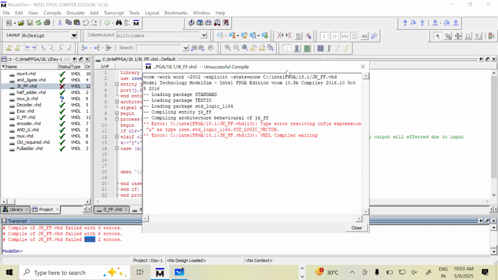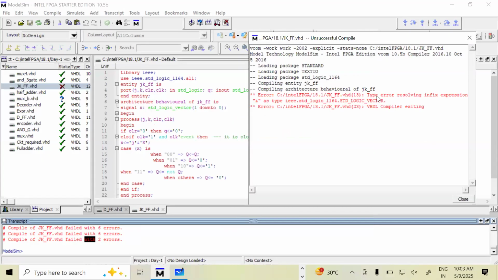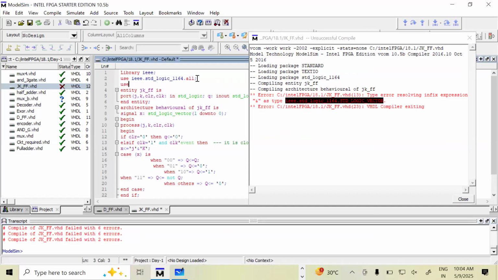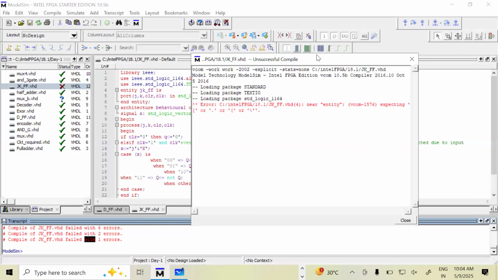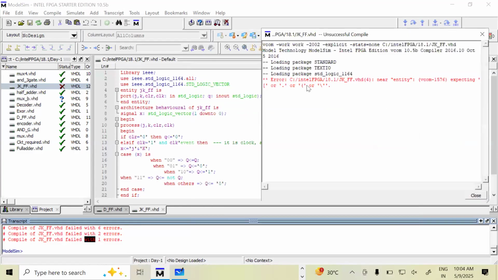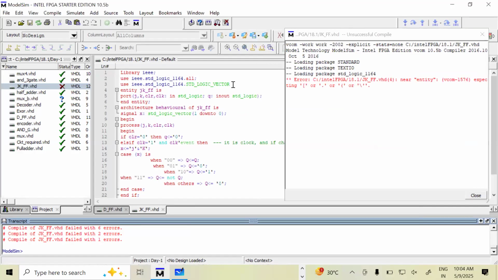It is also expecting, step number 4. I think there is a colon here.